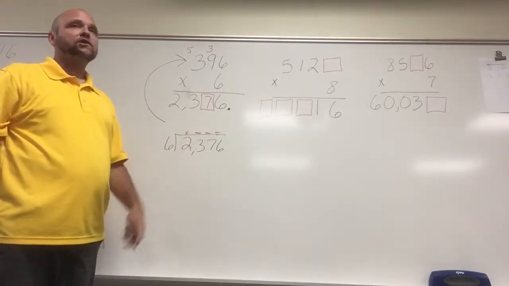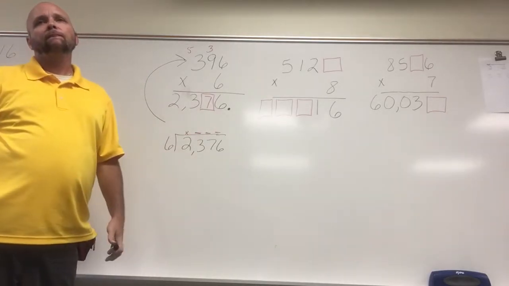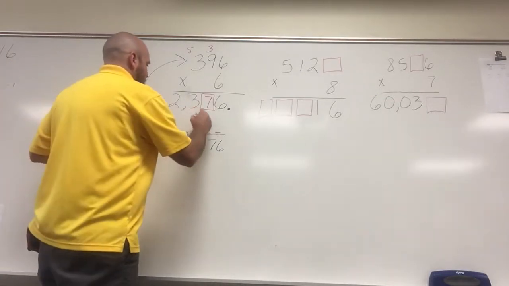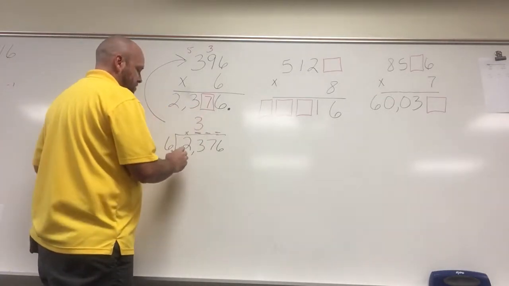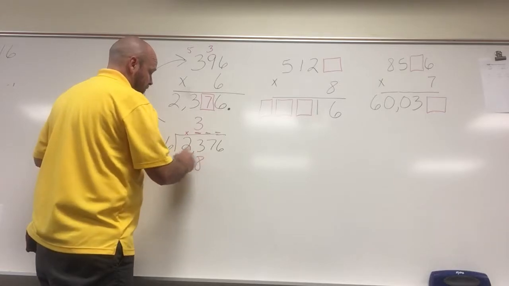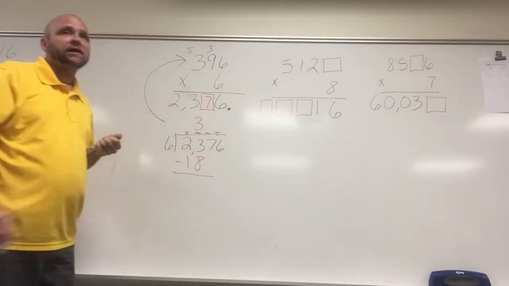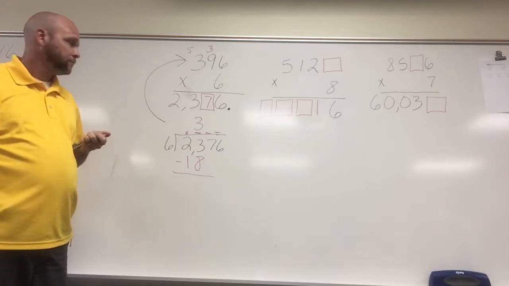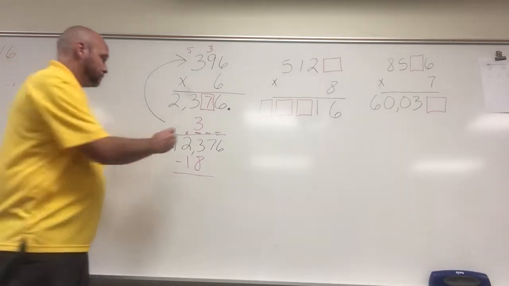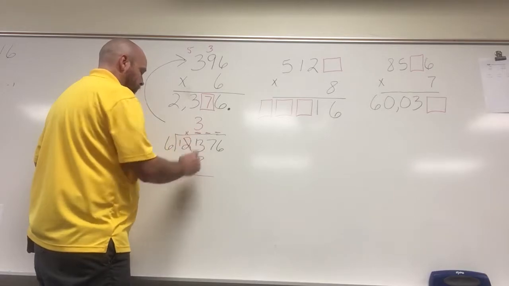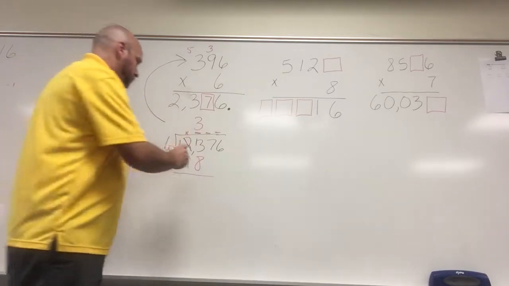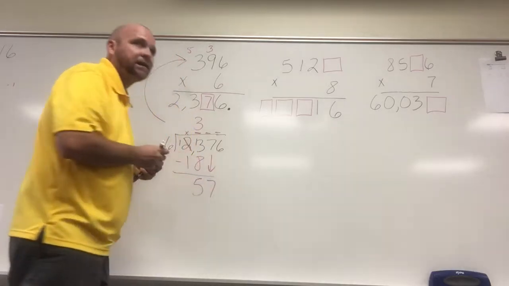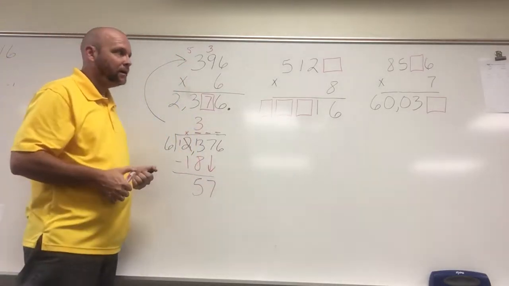How many times does 6 go into 23? 3 times. 3 times 6 is 18. 23 subtract 18 is 5.